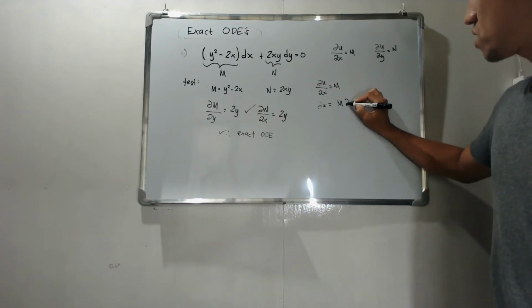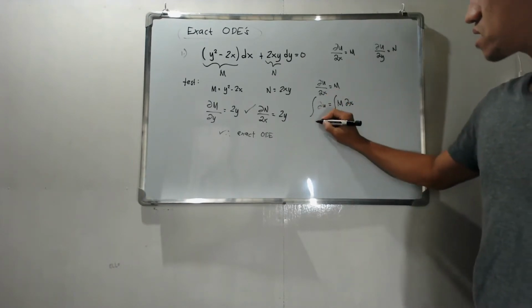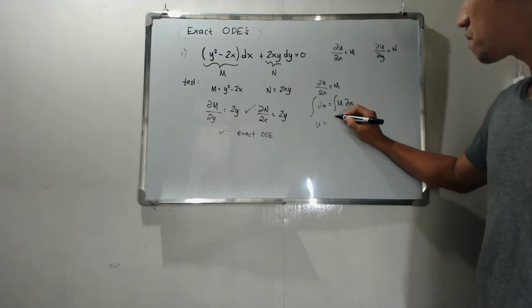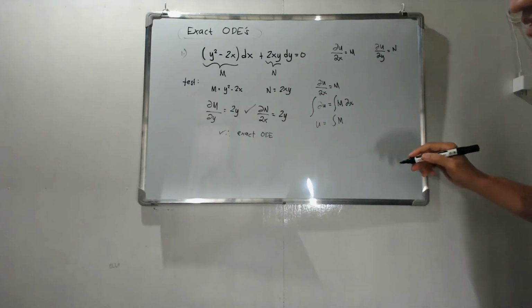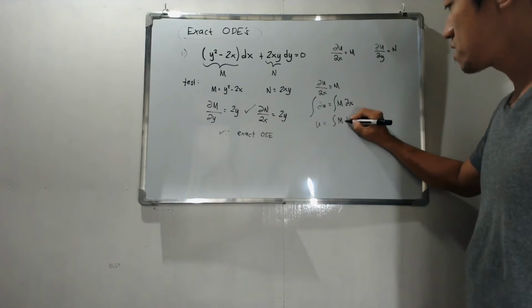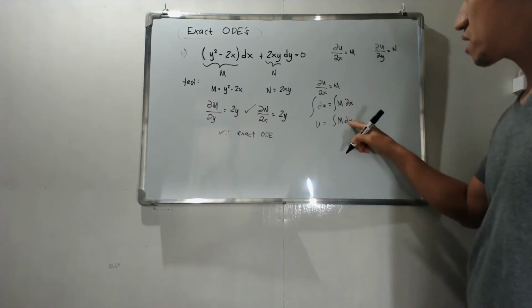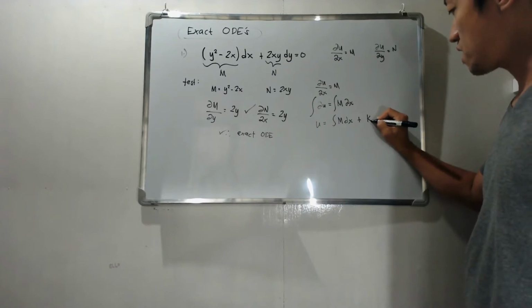If we integrate this, we will get u is equal to the integral of m dx plus k.